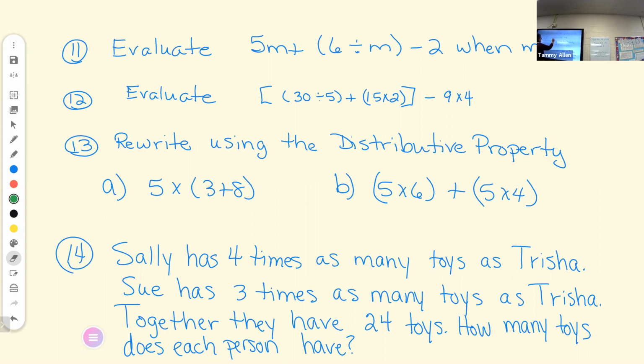That gives us 6 plus 30, right? Minus, and we can do this multiplication outside of that, 36. 36 minus 36 gives us 0. Questions on that?